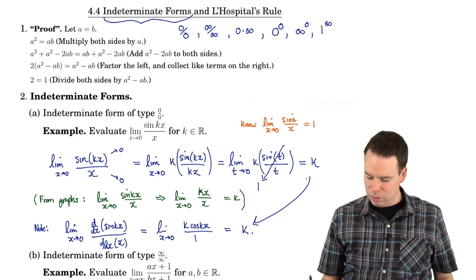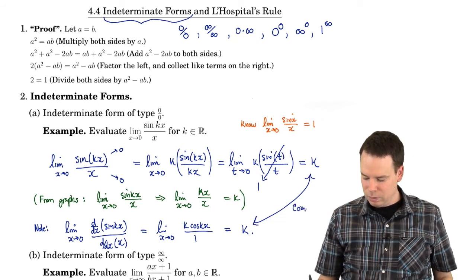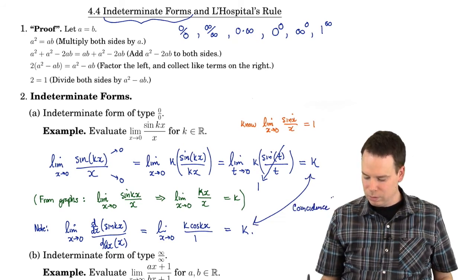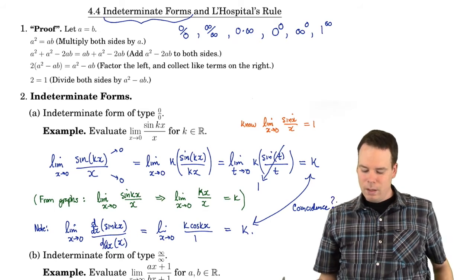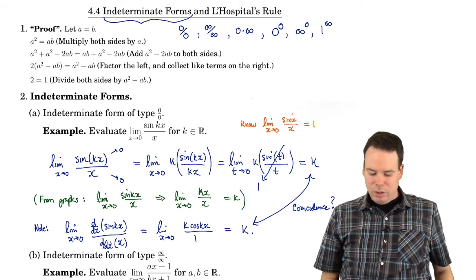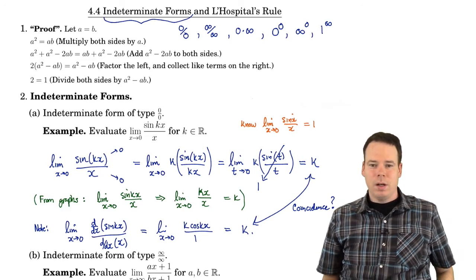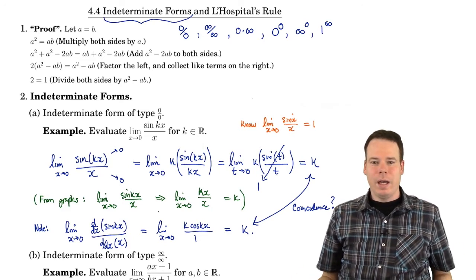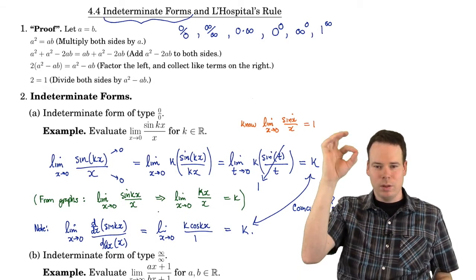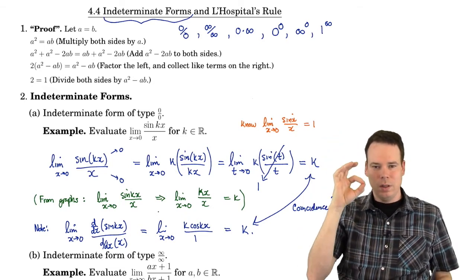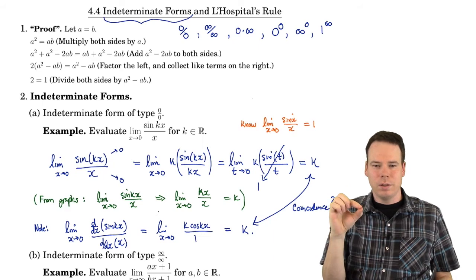And here's the question. Is this a coincidence? You know, in some sense, I was led to look at the ratio of the derivatives because of my consideration of the graph. I wanted to know what happens, the ratio of the point on the sine function over the height of the corresponding point on the line.